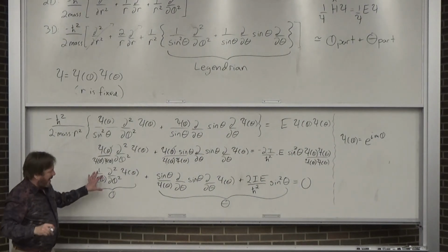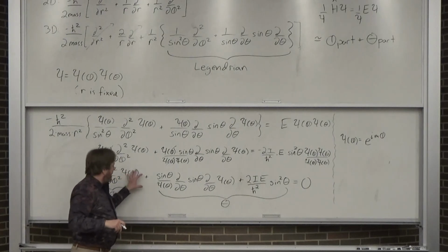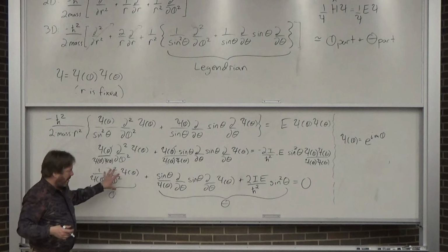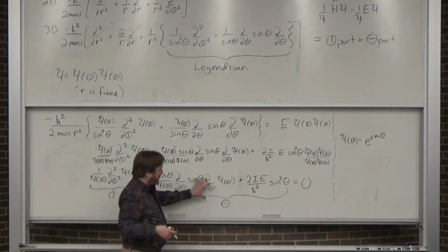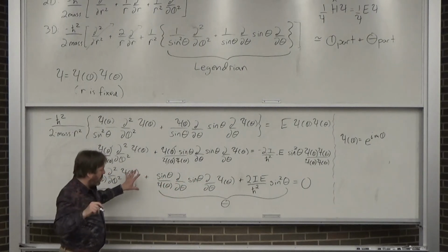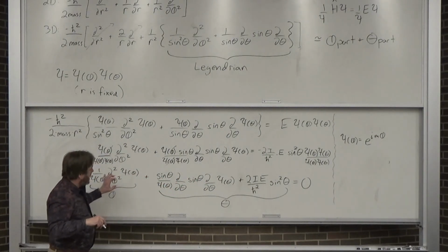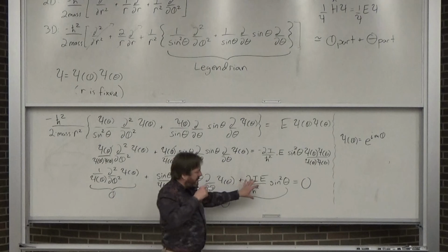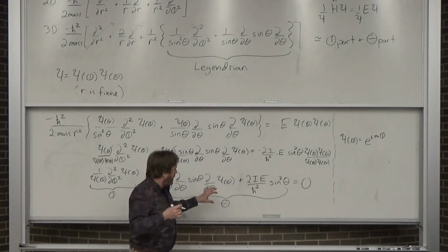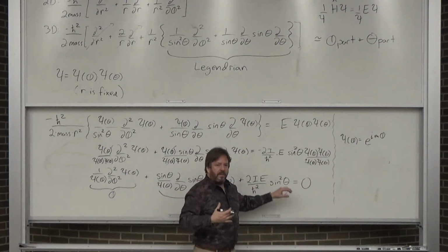Now, if you do that, then you'll find that this is actually, I think, minus m squared. And that means that all of this is plus m squared, where m is a constant, like, again, a quantum number, it's not mass. And if this is a constant, this is what they solved back in the 18th century. And that gives you the theta wave function.